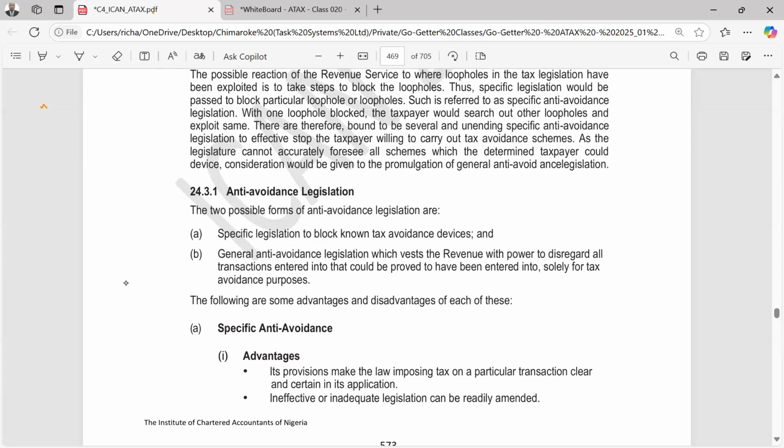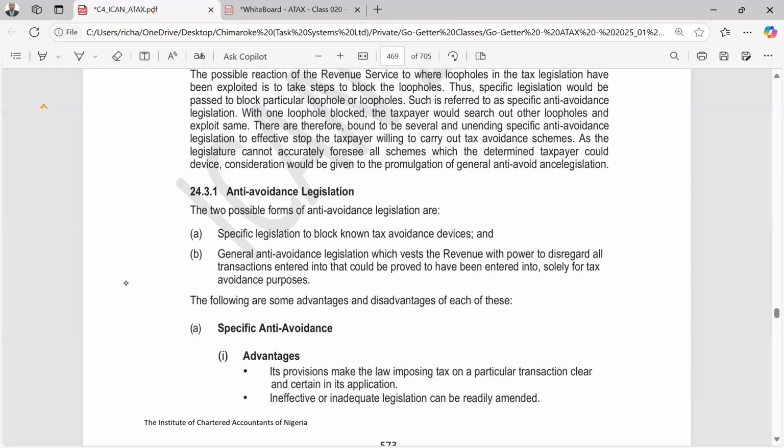Let's look at the anti-avoidance tax legislation. There are 2 possible forms of anti-avoidance legislation. We have specific legislation and we have general legislation. Now, specific legislation is used to block a specific tax avoidance scheme.